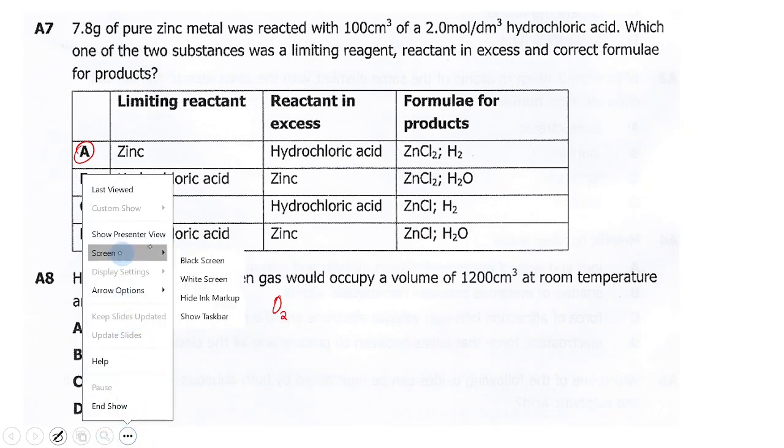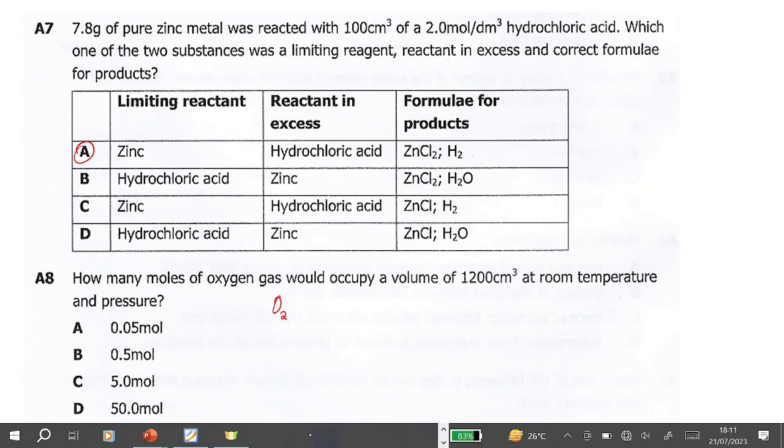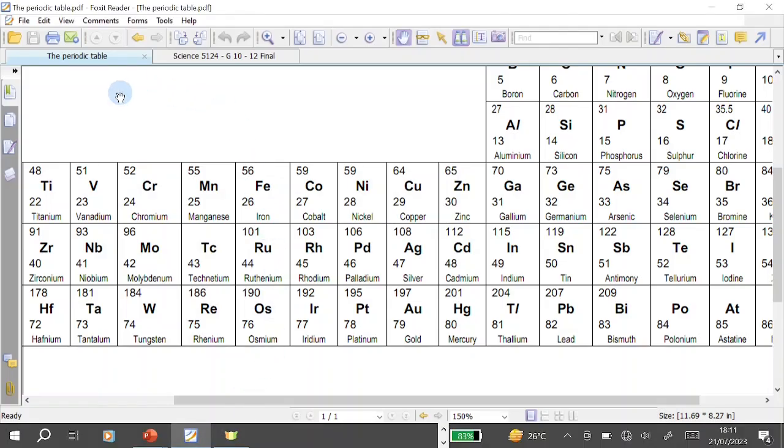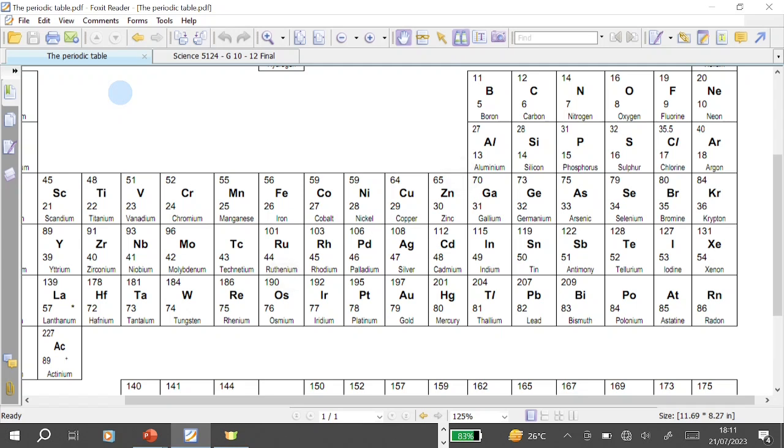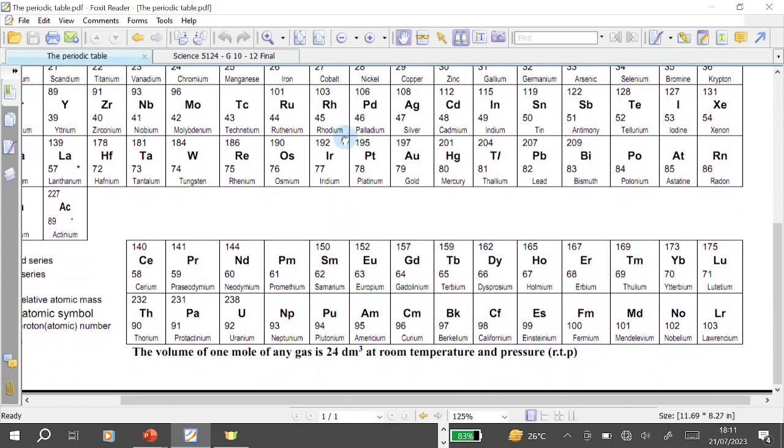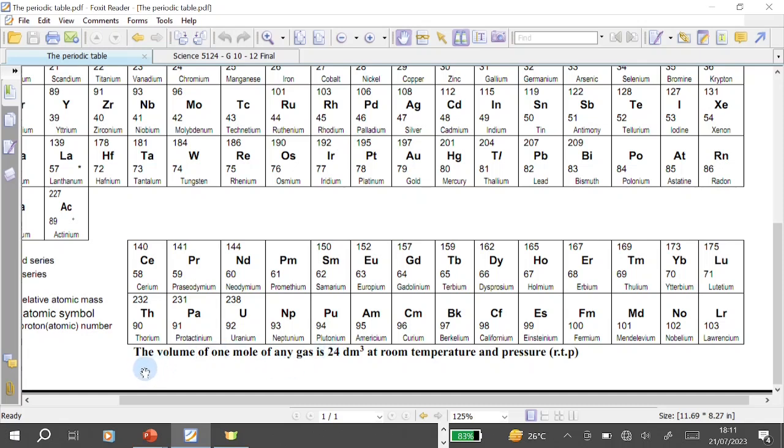So we'll just come to the periodic table and take note of something important. Let's read here. It says the volume of 1 mole of any gas is 24 cubic decimeter at room temperature and pressure.